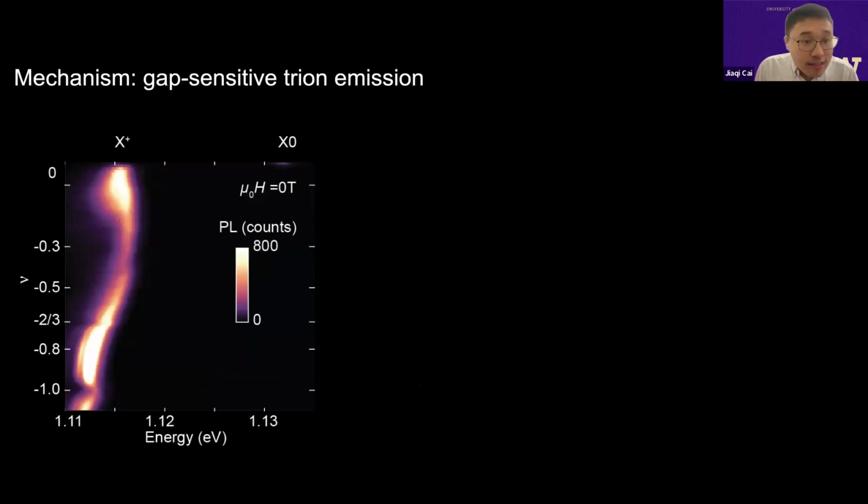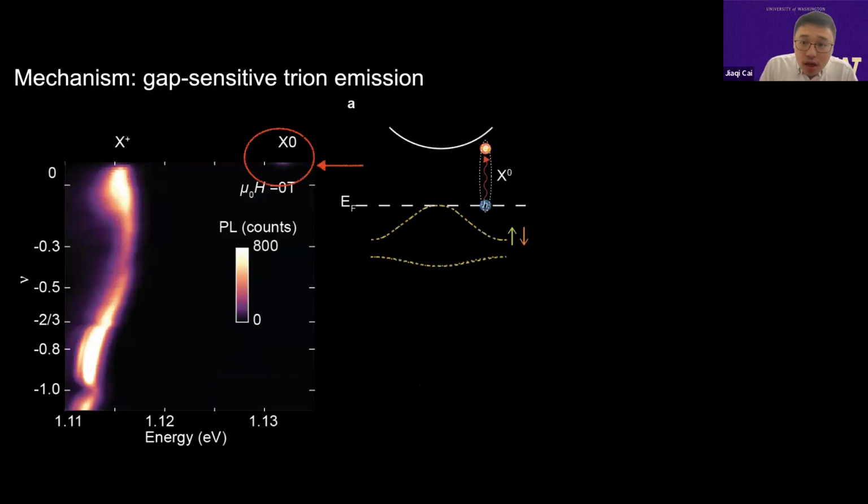So now we want to explain why this photoluminescence, this photon emission, is sensitive to the gap states. The largest gap state is actually the intrinsic gap. It's a semiconductor moire system. So at zero doping, you actually have this neutral exciton that gives you this photoemission at a way higher energy. When you use a laser to excite an electron and a hole, they bond together and give you photoluminescence.